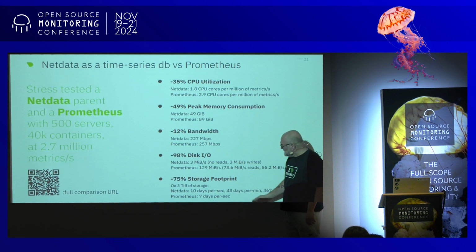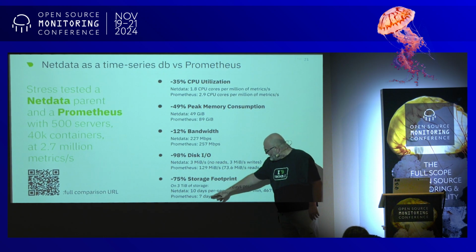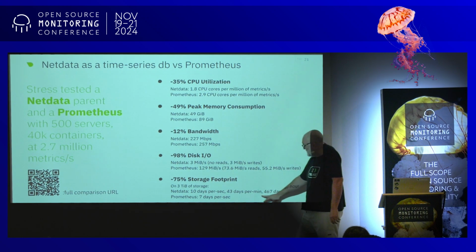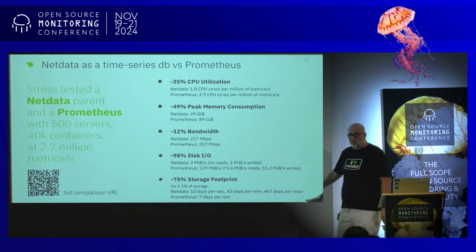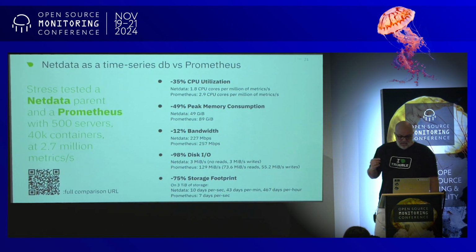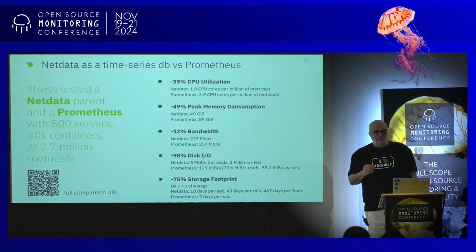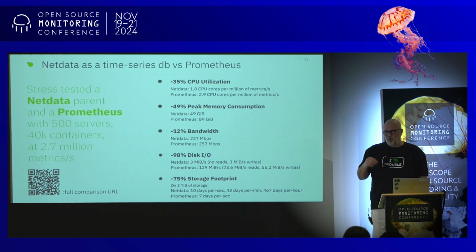The disk footprint is amazing. Prometheus managed to give in 3 terabytes 7 days per second. We had 10 days per second, 43 days per minute, and more than a year per hour. Netdata uses half a byte per sample on the high resolution tier on disk. Half a byte.